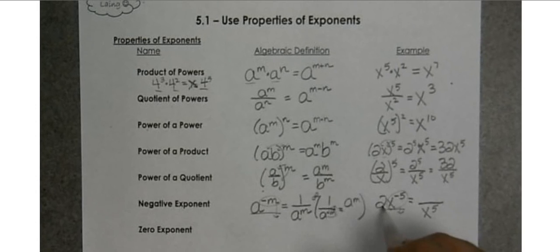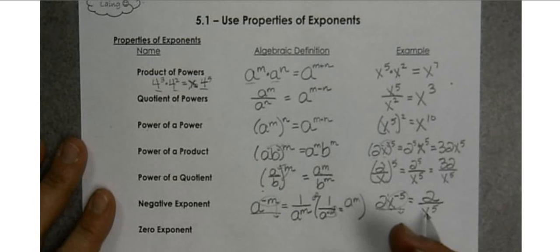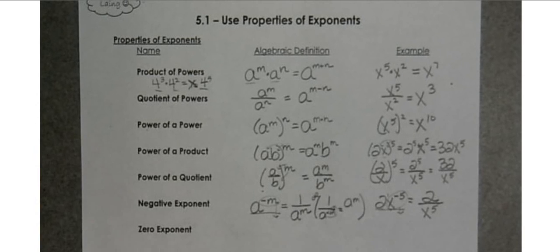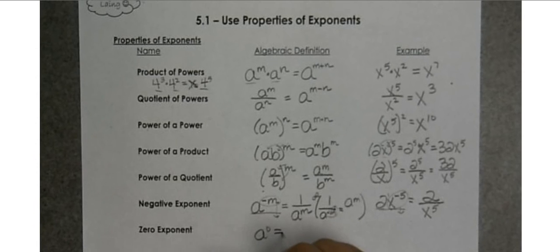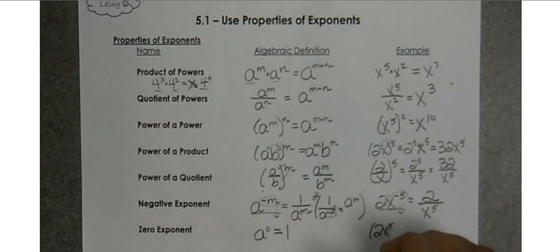But that 2 was really to the positive 1, so that stays put. So be careful that when you see a negative exponent, you're only applying it to the specific base it's being applied to. And then the 0 exponent is super fun because anything to the 0 is just 1. So if we had the quantity 2x to the 5th to the 0, that whole thing's being raised to the 0, so that's just 1.